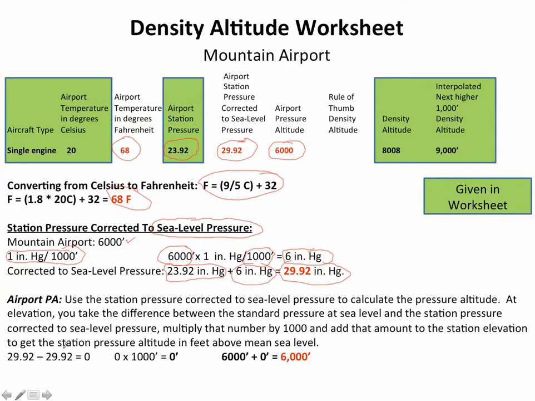So what we've got here is we took 29.92, we subtracted 29.92, we got 0 times 1,000, and so we added 0 to the 6,000 feet elevation to get the airport pressure altitude.